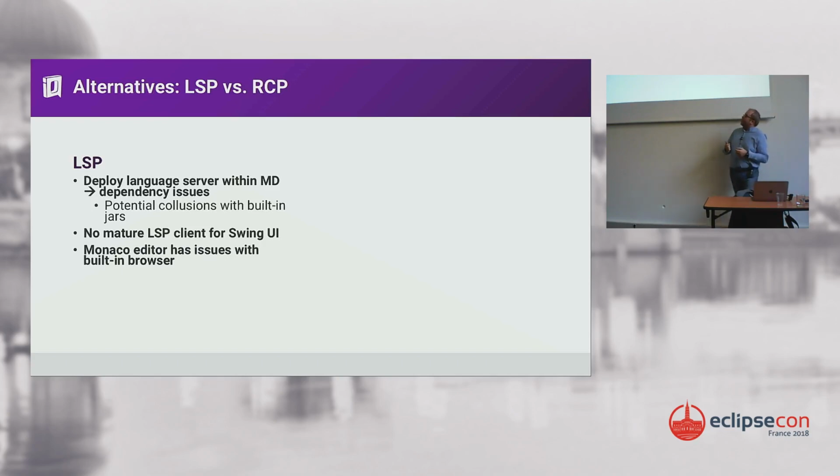However, deploying such a server at the moment, especially for Xtext, brings some dependency issues which are hard to work with in the MagicDraw context because of this class path handling issue. So this was one of the major difficulties that pushed us into a different direction. Another one was the observation that up to this date, unfortunately, no mature client for Swing exists for LSP, and in my opinion, this is not likely to change in the future.